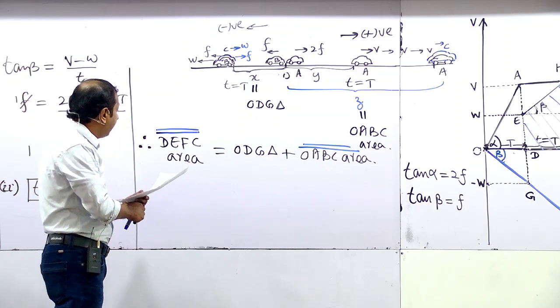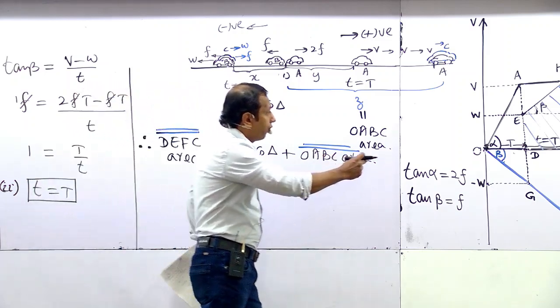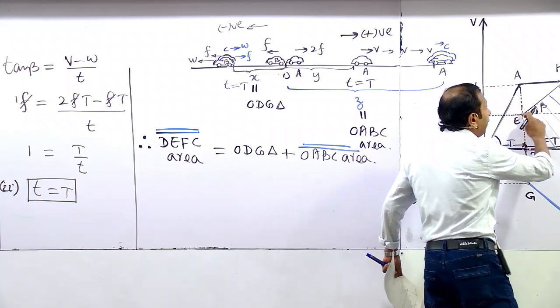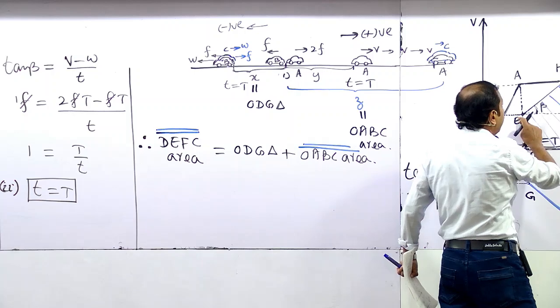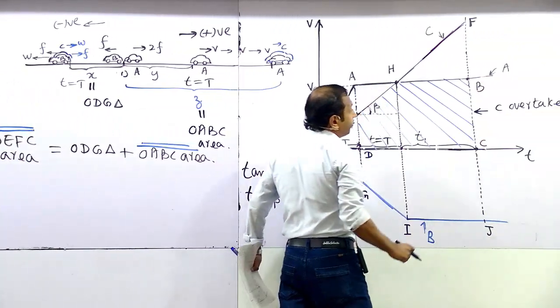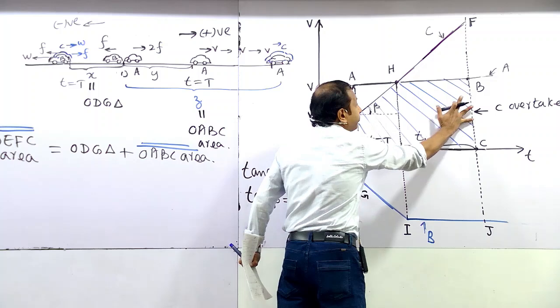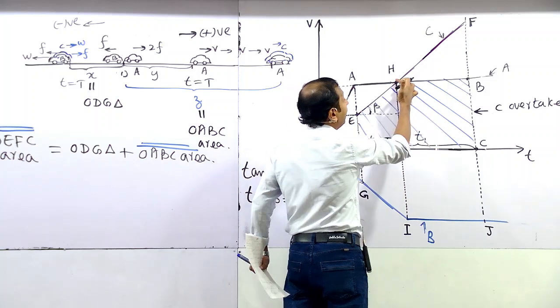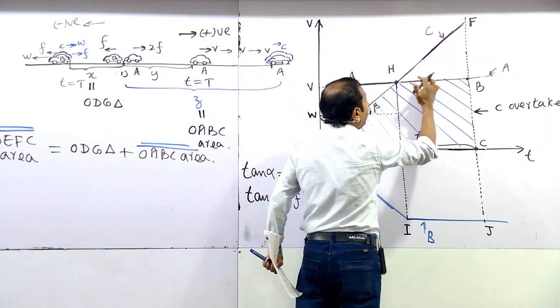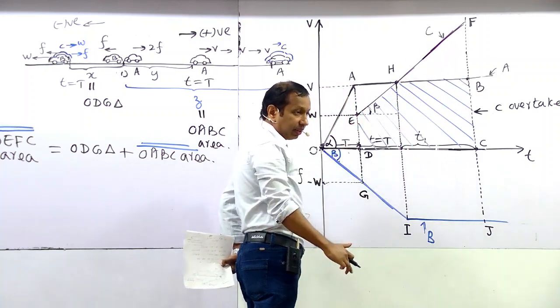Right. People, then tell me, from DEFC we remove this part. What is remaining now? This BHF area. Am I correct?